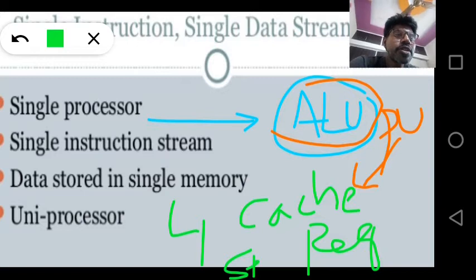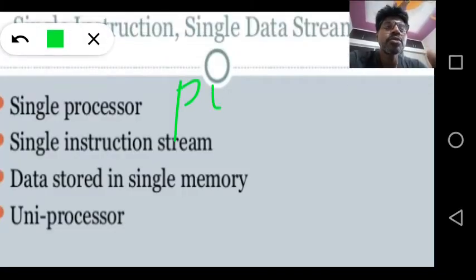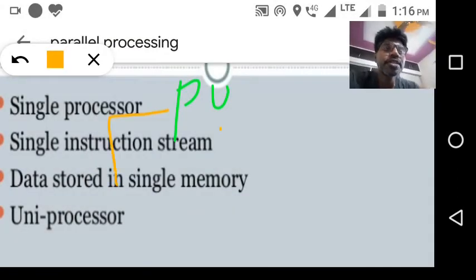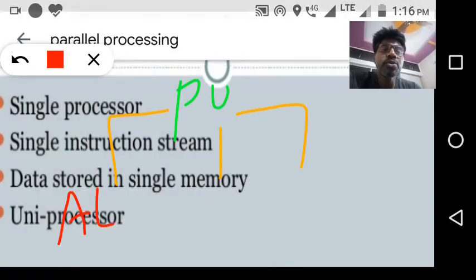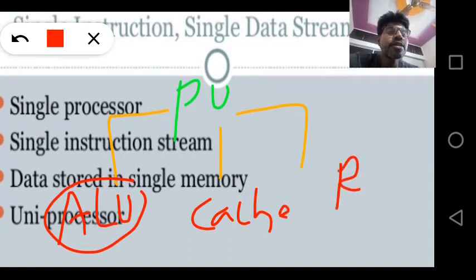So if somebody says processing unit, you should understand it contains three things: ALU, cache, internal cache, and registers.